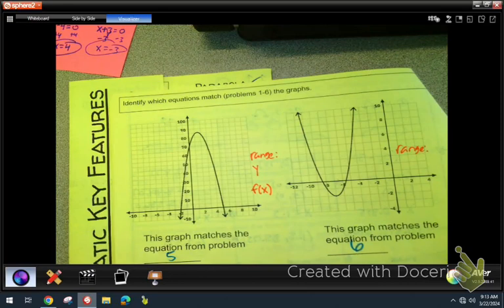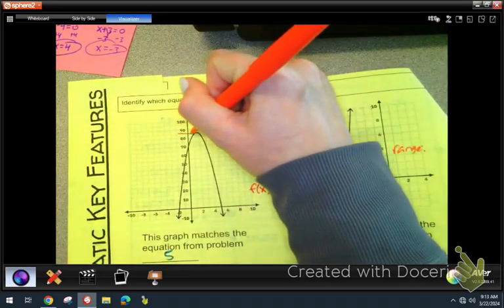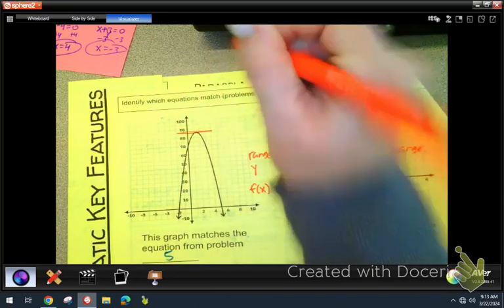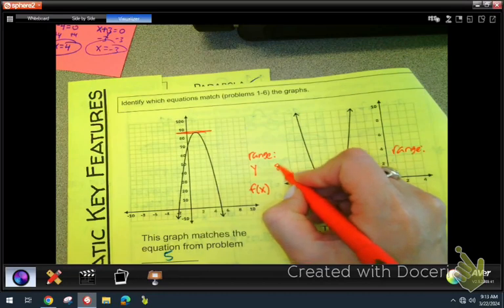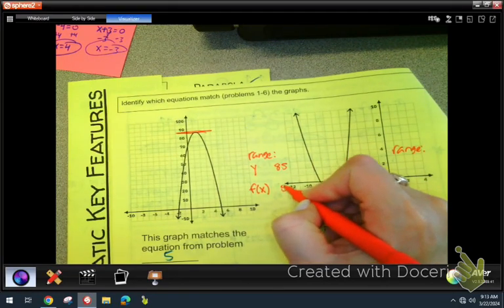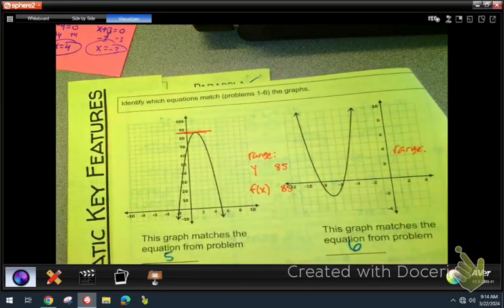And then let's look at the first graph. Can you tell me what your boundary is approximately? 85-ish, okay? So I would put 85, and then from there, I need to decide what symbol needs to go. I actually drew on my graph a boundary. Which way are my arrows pointing from that boundary?